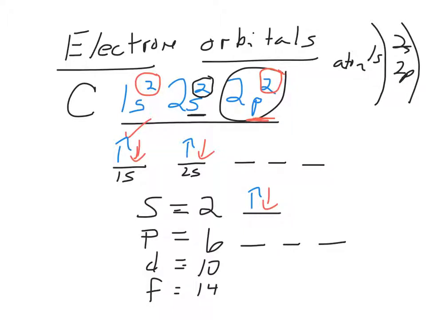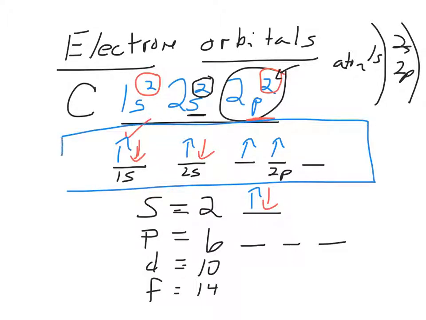Once it's open, I have all 3 blanks, but I only have 2 arrows, so I must do all of the arrows up first before I can do any down arrows. Okay, so this would be your electron orbital diagram for carbon. You see how it goes right with the electron configuration? That's what's telling you how many arrows you're going to have.